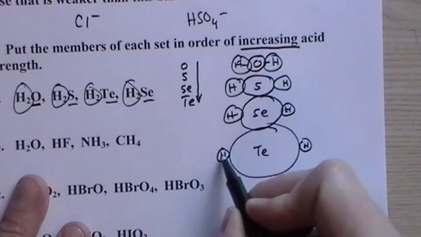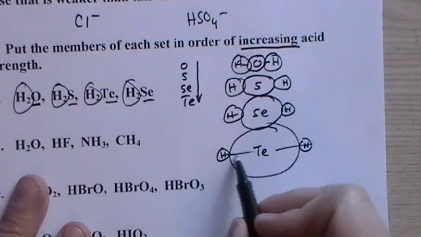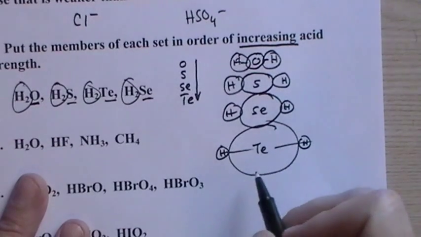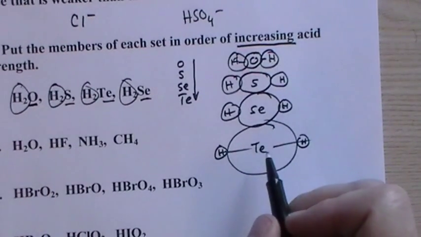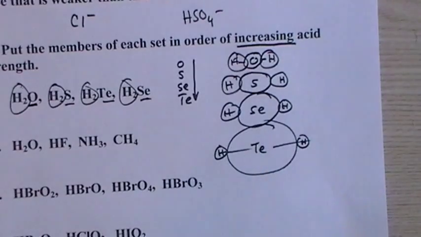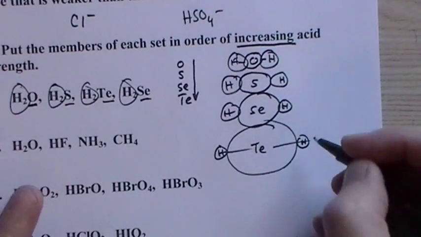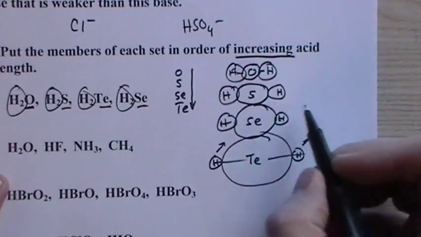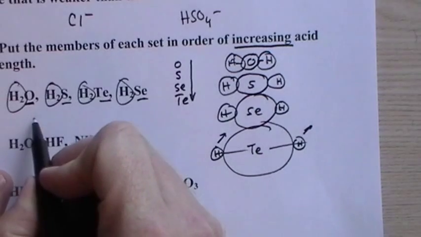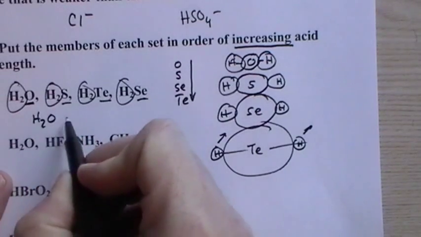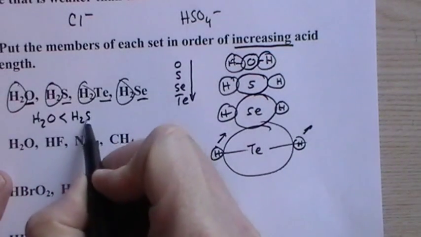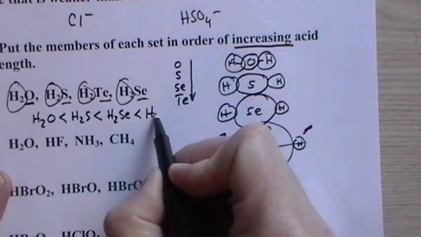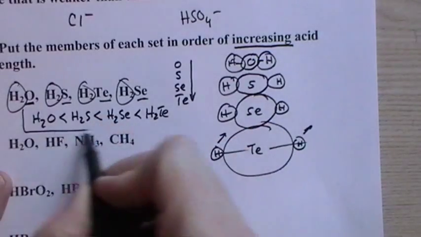The bond is so long for tellurium that these hydrogens barely know that they're attached to it. So the bond length is very long, and their bond strength is going to be very weak there. They more easily jump into solution, which makes it a stronger acid. So for increasing acid strength, we'd put H2O, H2S, H2Se, H2Te.